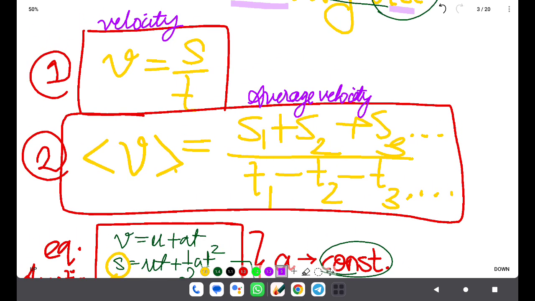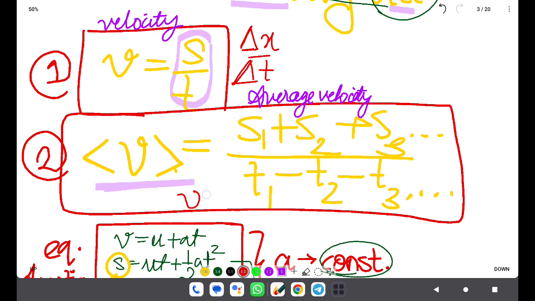Moving to the basic formulas of the chapter. Formula for calculating velocity. We know that velocity is the rate of change of position, the rate of change of displacement. So v is equal to s by t, or we can write it as delta x by delta t, which is also correct. Now average velocity is denoted by v with a bar above it.